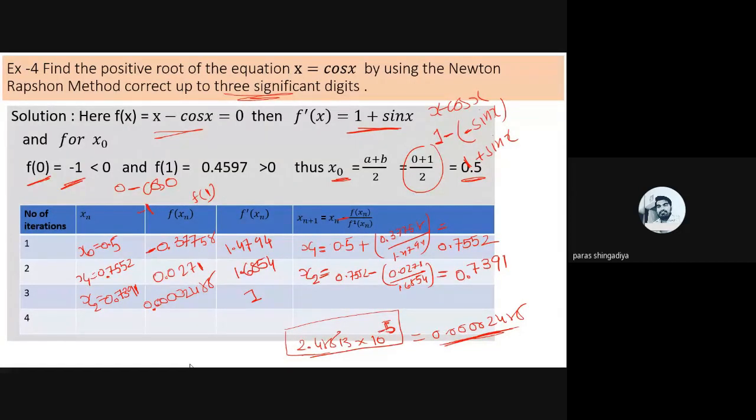Oh, sorry. Let me check it again. 1 plus sine x. 1 plus sine of 0.7391. Yes, is the form. That is not 1. Okay, just remove 1 plus sine 0.7391.